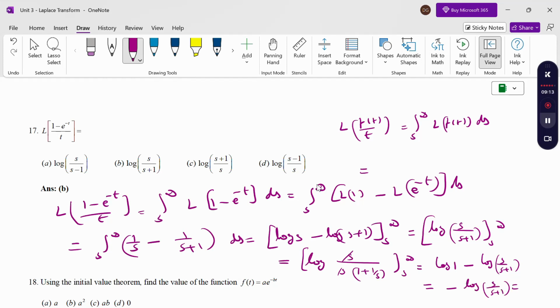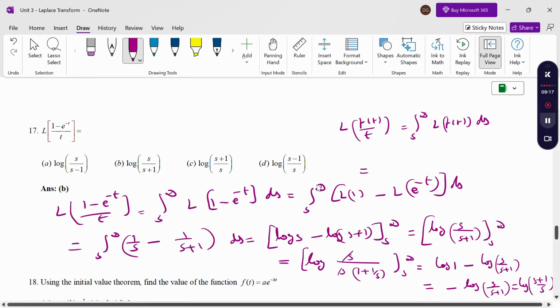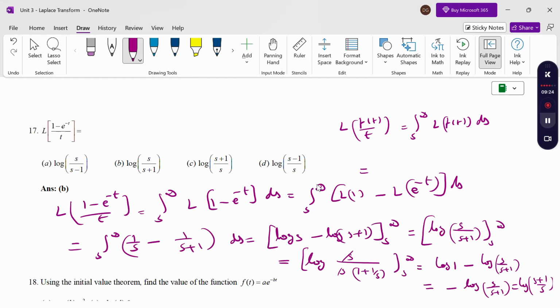Changing this, log of s plus 1 by s, option C.